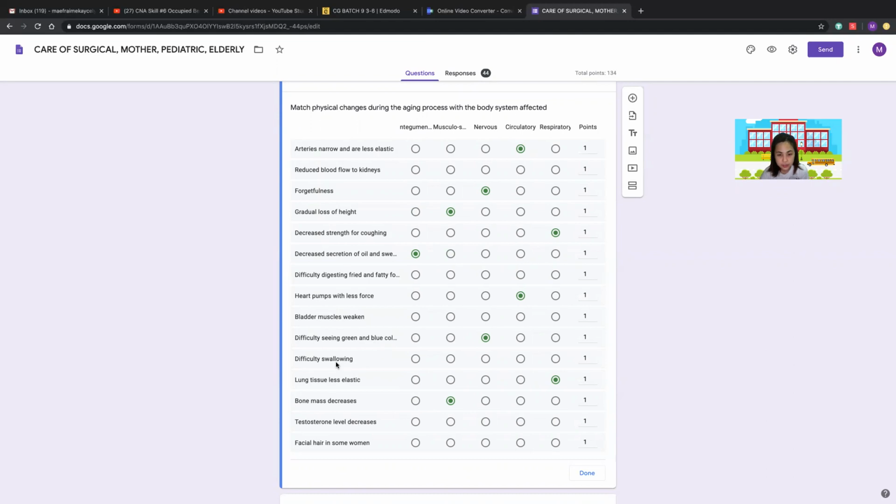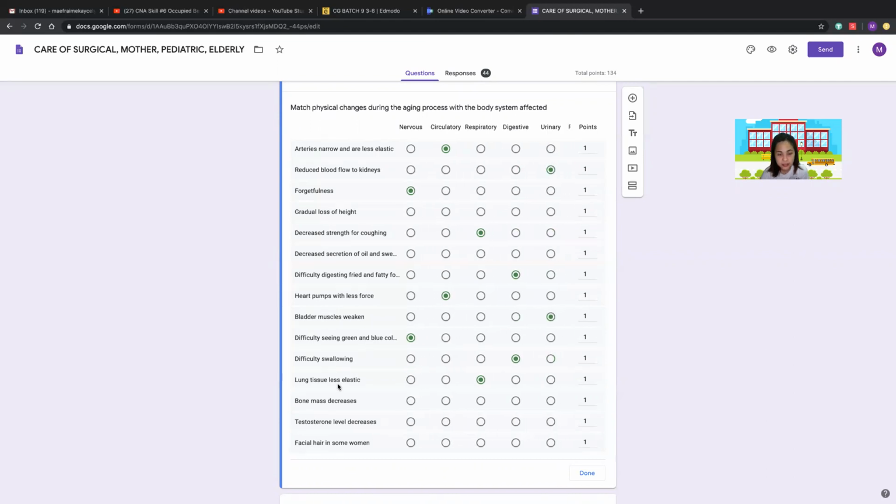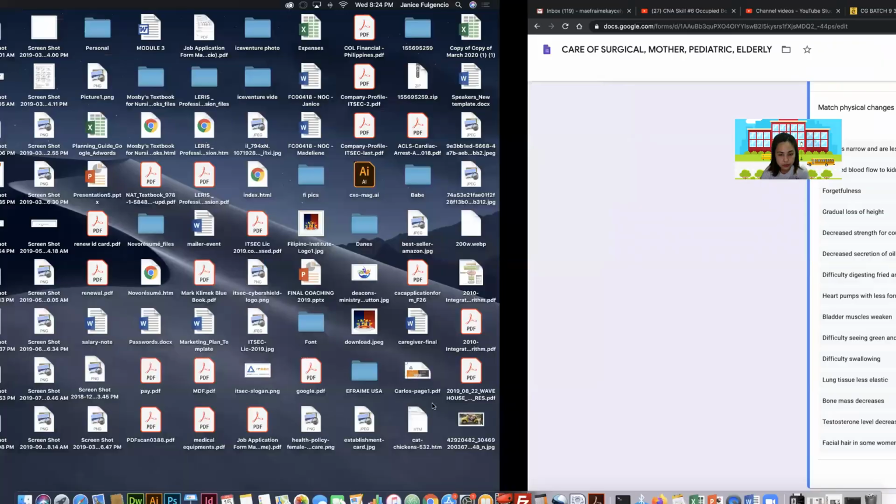Then difficulty swallowing, it will be digestive. Lung tissue less elastic, it will be respiratory. Bone mass decreases, it will be musculoskeletal.